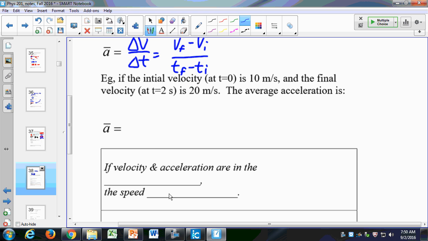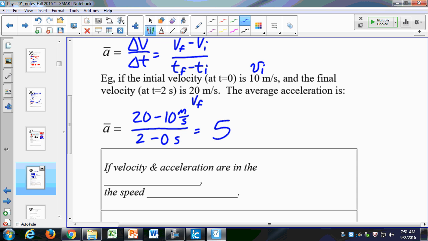So for example, if the initial velocity is 10 meters per second, that's going to be VI, and the final velocity is 20 meters per second, that's VF, then we can calculate our average acceleration. It would be 20 minus 10 divided by 2 minus 0, and that's 10 over 2, or 5 meters per second squared.